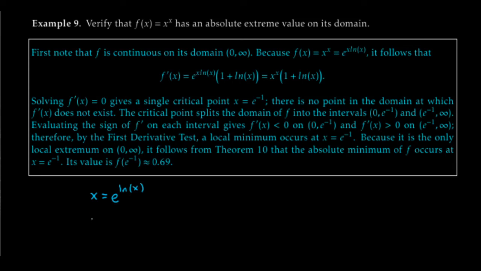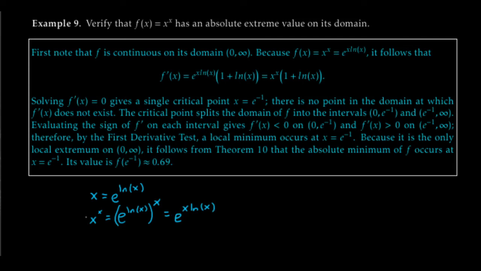Now I can see that x to the x is e to the natural log of x, that whole thing to the x. And since taking e to the natural log to the x is the same as e to the x natural log of x, now I found a way to write x to the x in a more convenient form, as e to the x natural log of x.